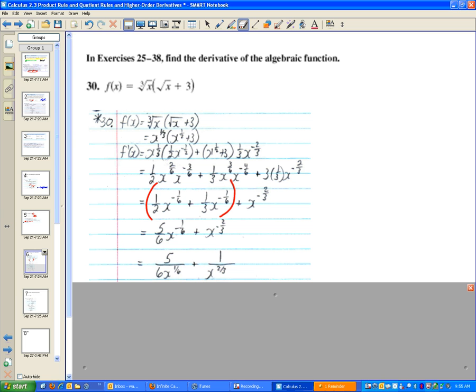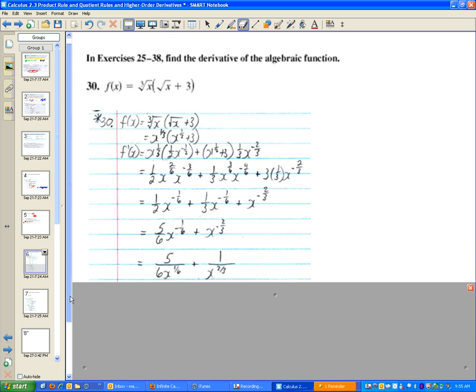So I kind of wimped out a step or 2 steps away from getting a little bit better answer, but we're okay for now. All right, did you follow all that? So using the product rule led us to some fairly, difficult's not the right word, annoying simplifications.